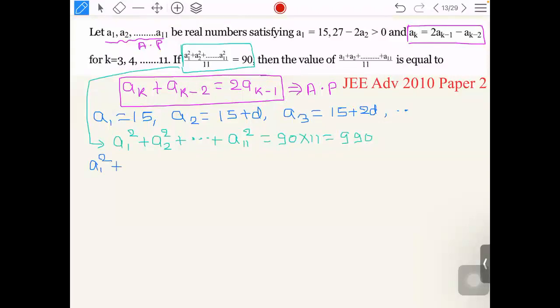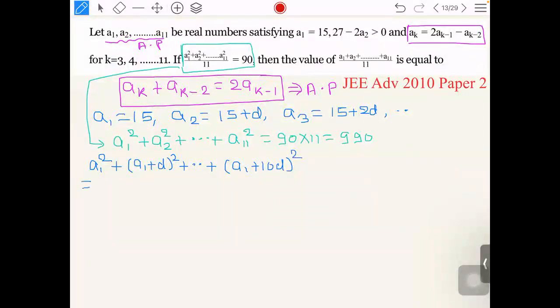A2 we can write as (a1 plus d) whole square, and so on up to a11, which means (a1 plus 10d) whole square.